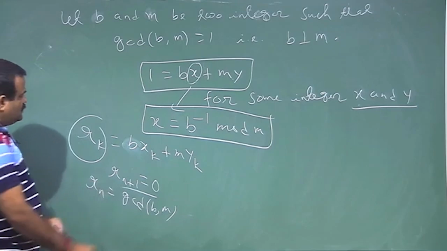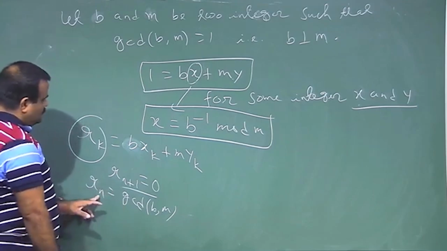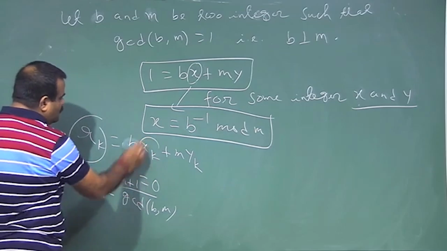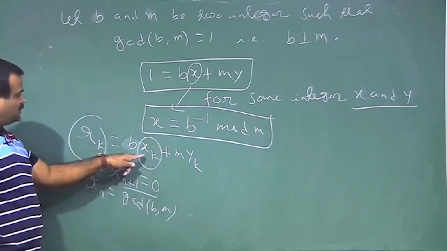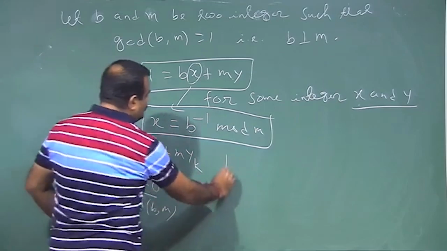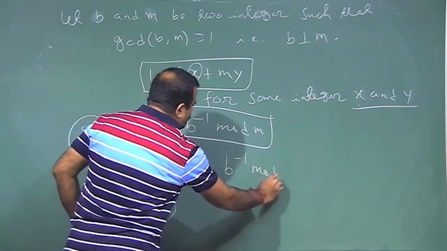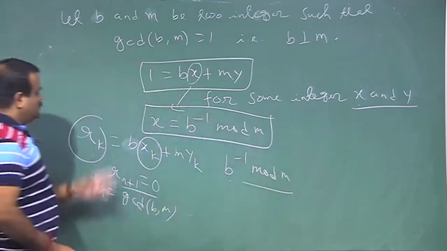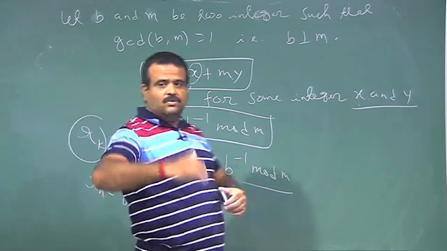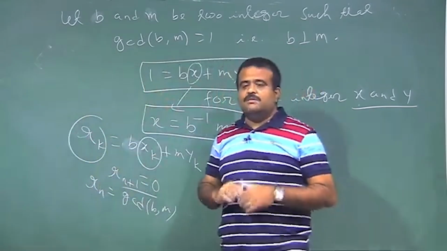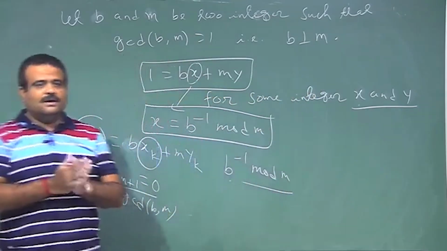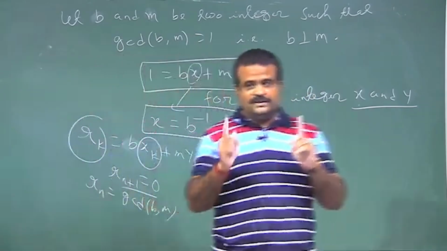If R_n is 1, then the GCD is 1 and the corresponding value we store, this b2, is basically b inverse mod m, provided the GCD is 1. So, we are executing the Euclid algorithm, but every time we store this x and y, so that we can get the inverse of b, provided the GCD is 1.